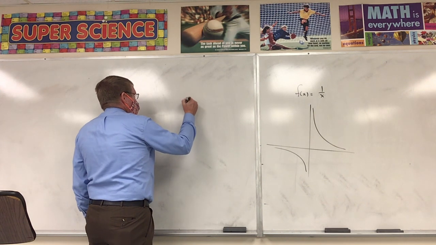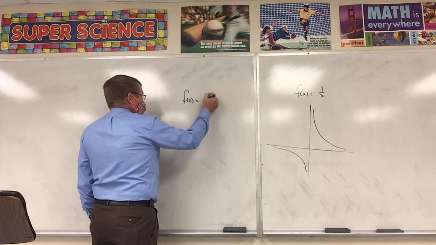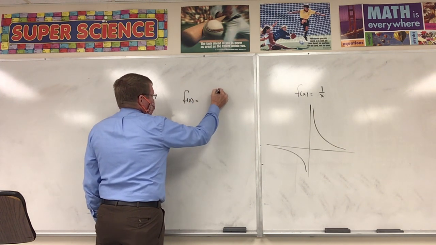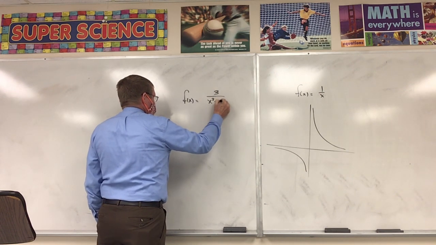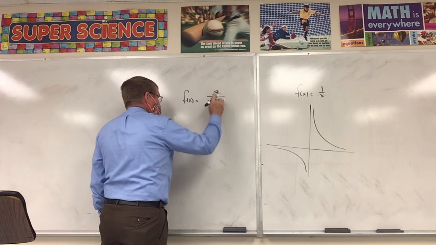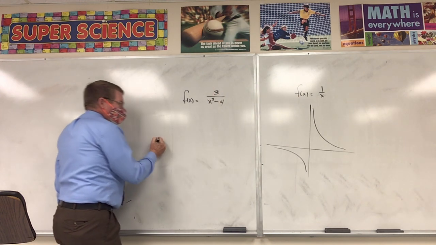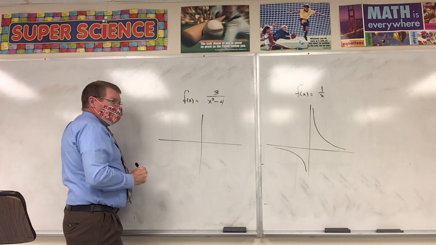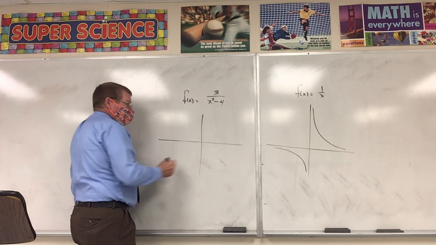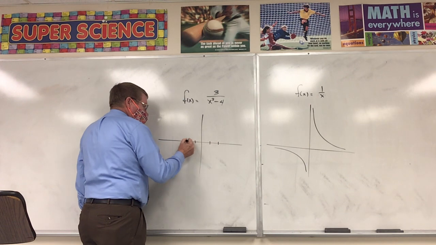If I have f of x equals 3 over x squared minus 4, my vertical asymptotes will be at 2 and negative 2.